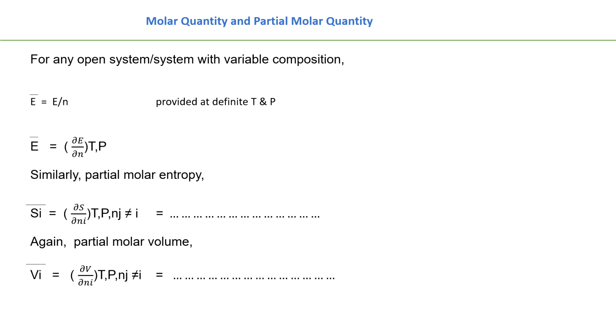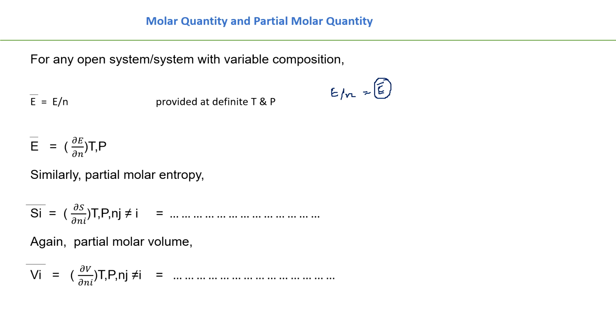So suppose E is an extensive property and n is the number of moles, then we can write that E by n is the molar quantity and it is represented as E bar. When bar is given, that means it is defining the molar quantity, right?